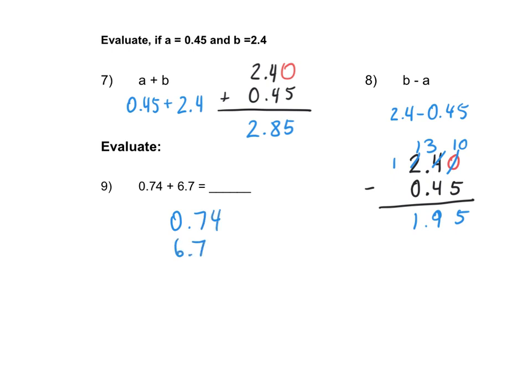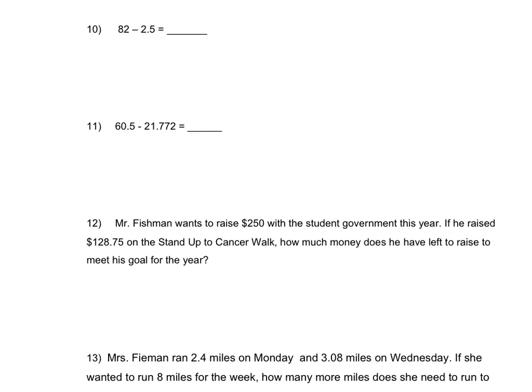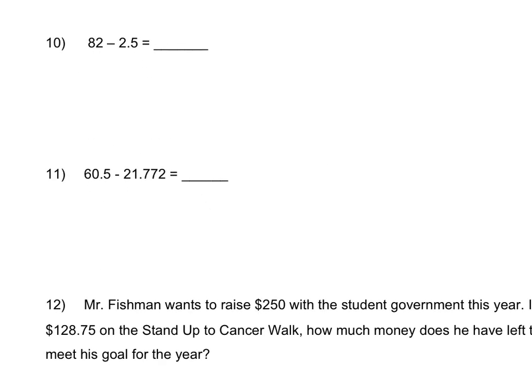My next one, when I add those up together, 0.74 and 6.7. I'm going to add that 0 in. And what do we get? I'm going to write it here. 7 and 44/100ths. Let's check the back now. So if 82 is the whole number, I'm going to add 0 for my placeholder there.